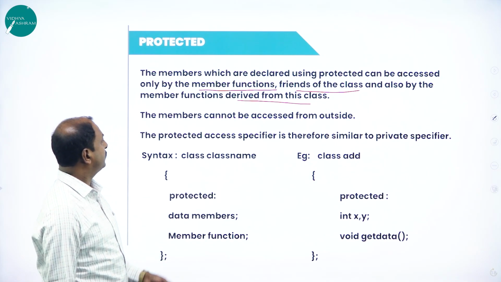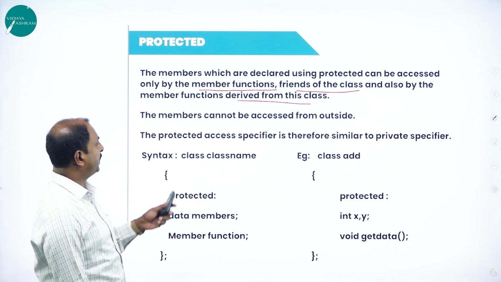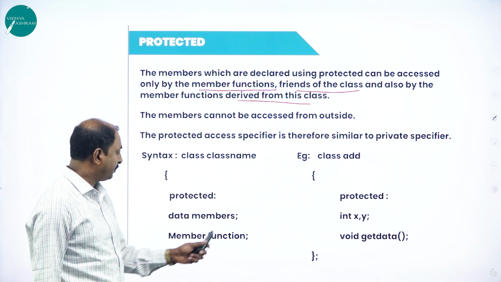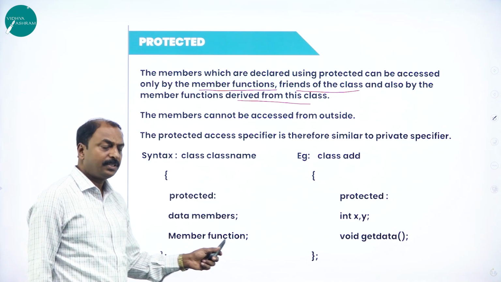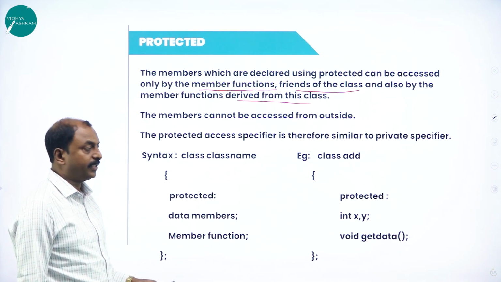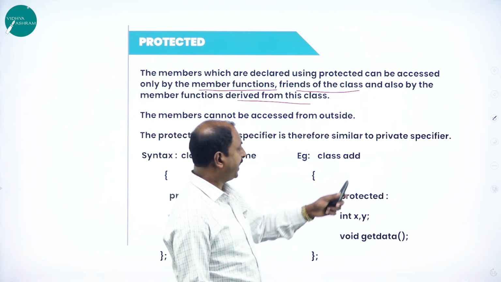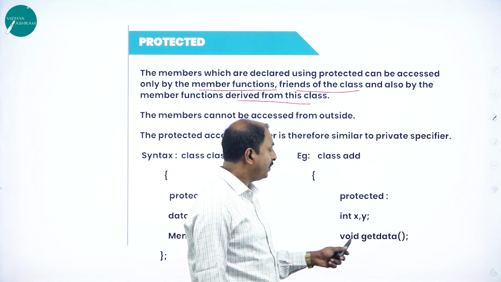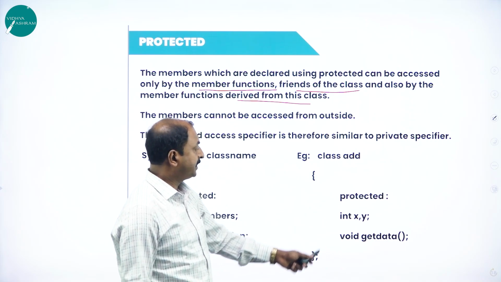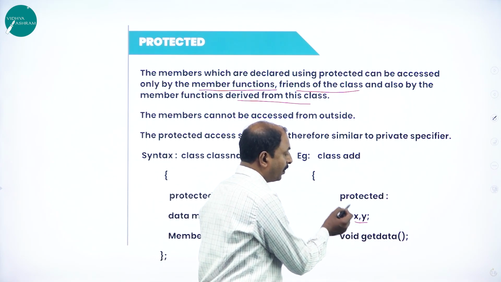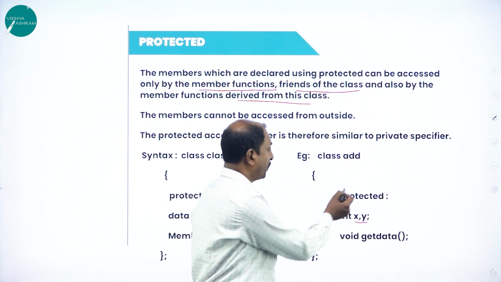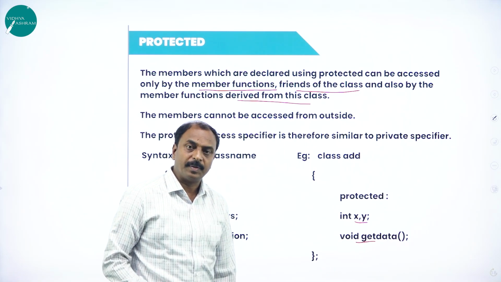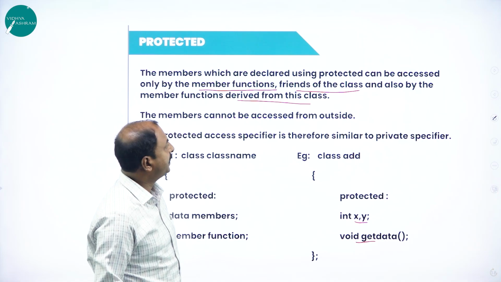Now look at the syntax of this, and here the syntax is class, class name, protected data members and member function, close the class with a semicolon. Example: class add protected int x comma y semicolon void get data. In this example, x and y are the data members declared under protected along with the member function void get data.